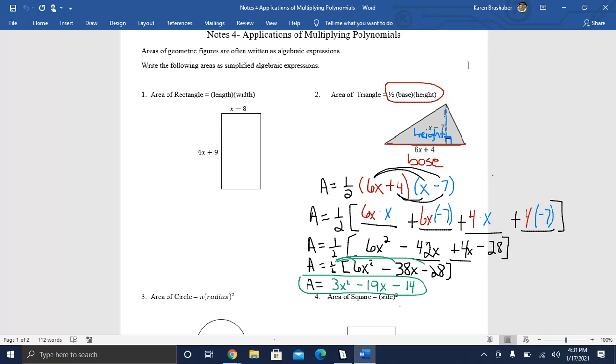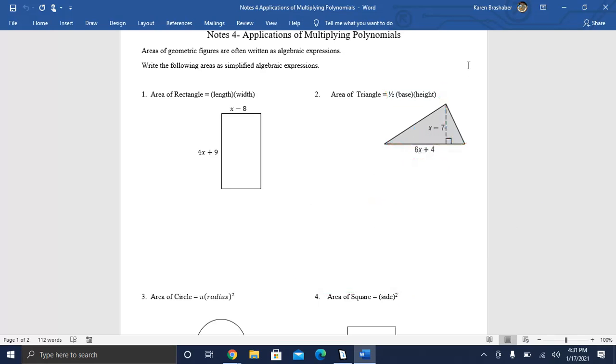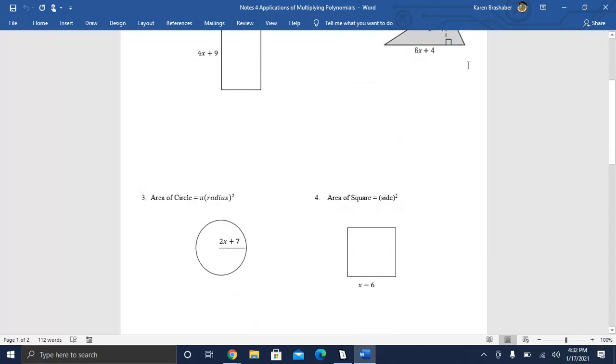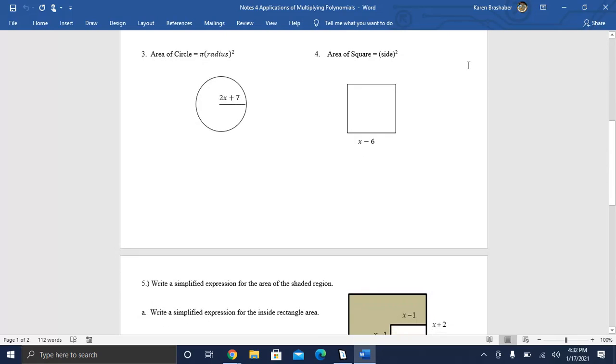And so we've taken care of the first 2 shapes. We will move on and take a look at the circle and the square. So the area of the circle, the formula for that is pi times the radius squared. Now we're going to leave pi as part of our answer, so I do not want you to change that to 3.14.